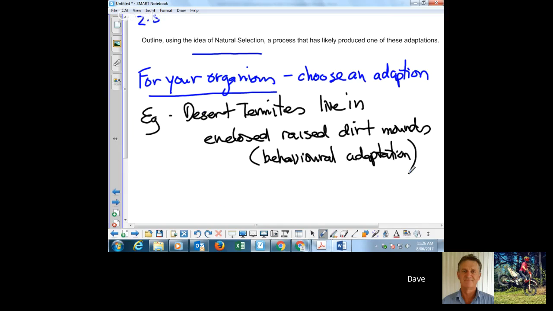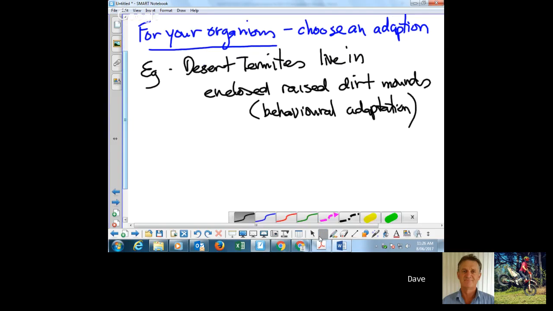So we want to come up with a scenario that says how do they end up with this ability to build dirt mounds? And do a scenario.